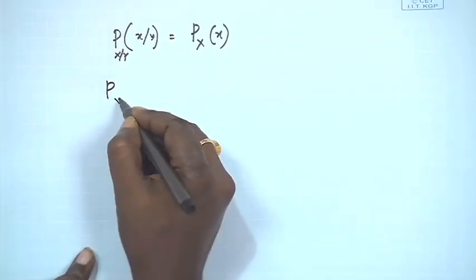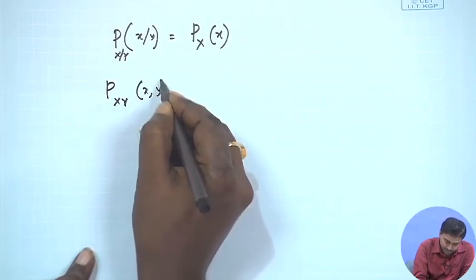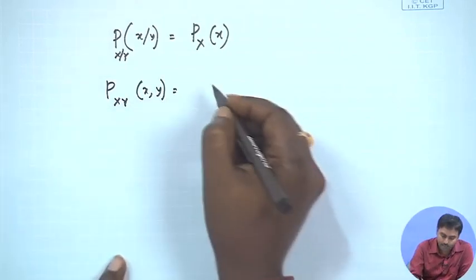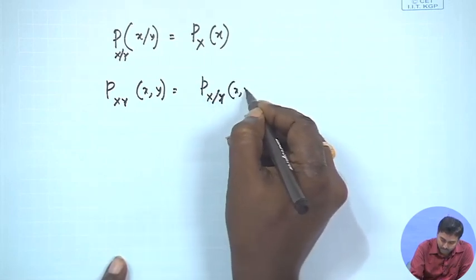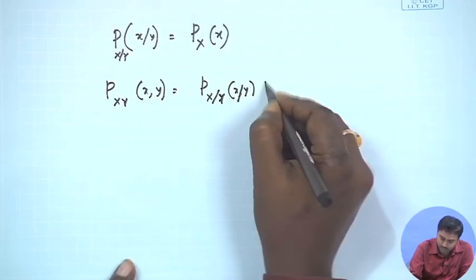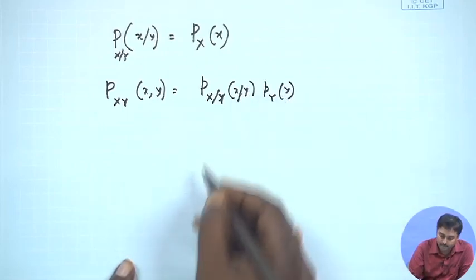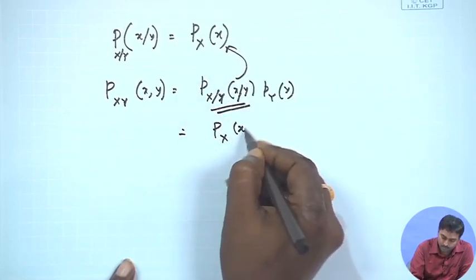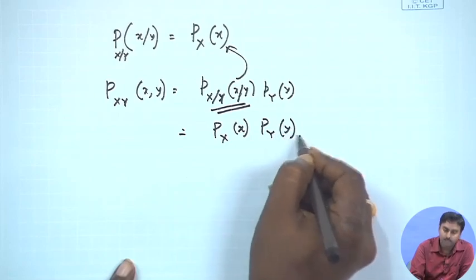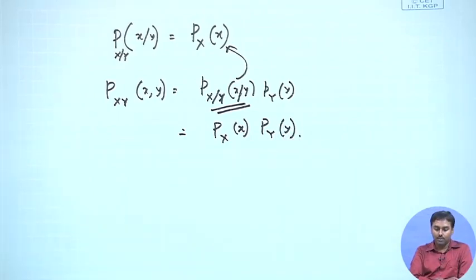And if that is the case, now go to this p x y definition. According to Bayes' theorem, this was p x given y times p y. Now, according to independence, we immediately see that if they are independent, then the PDF also gets separated out in multiplication form.